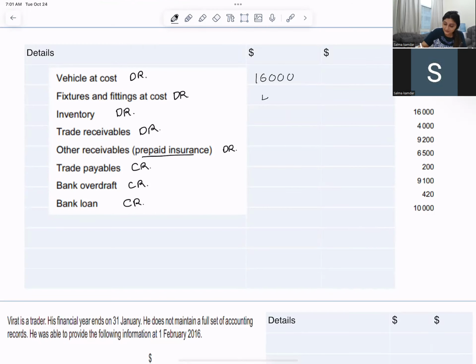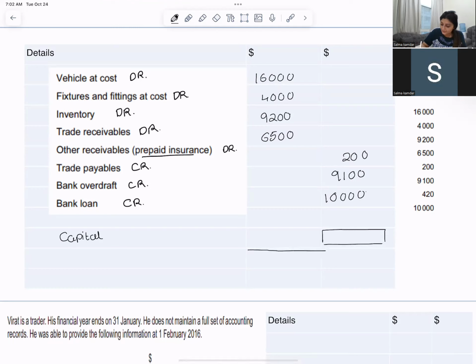Fixtures is 4,000 debit. Inventory is 9,200 debit. Other receivables, prepaid insurance is 6,500 debit. Trade payables 200 credit. Bank overdraft 9,100 credit. And bank loan 10,000 credit. What I have to find out is capital. That will also come on the credit side.